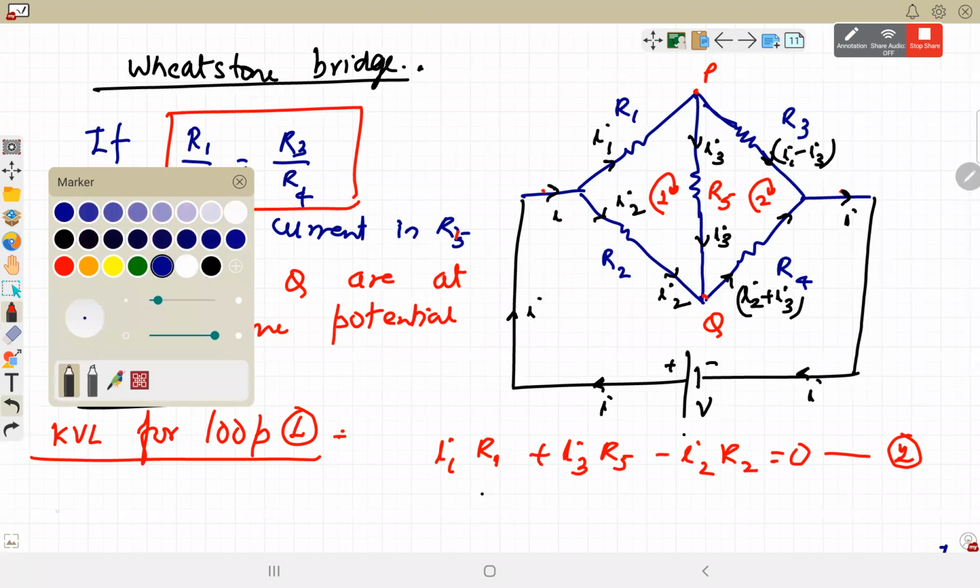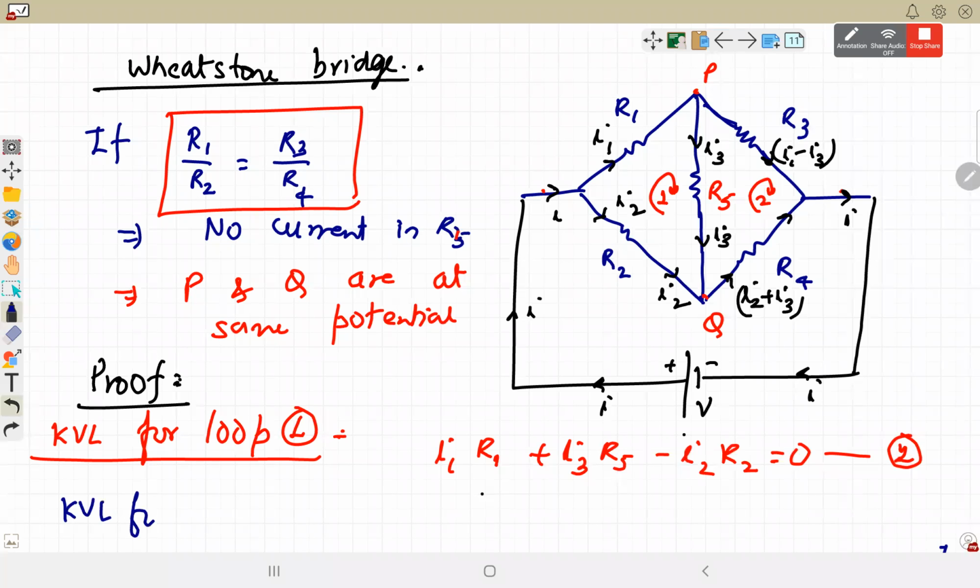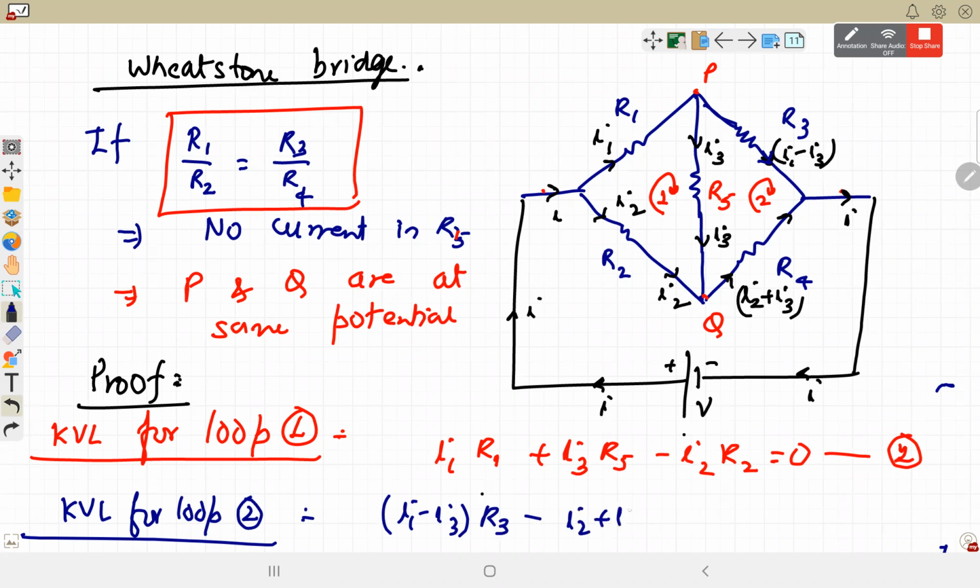Similarly, we can write Kirchhoff's voltage law, KVL, for loop 2. For loop 2, taking the current in the direction, it becomes I1 minus I3 times R3 minus I2 plus I3 times R4 minus I3 times R5 is equal to 0.